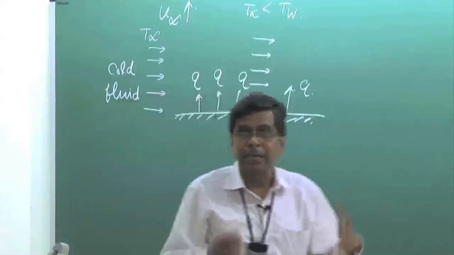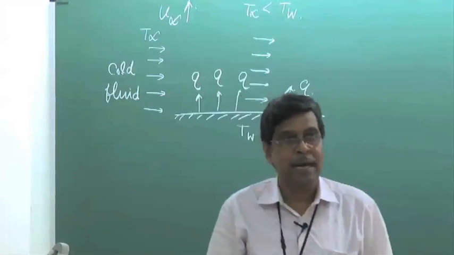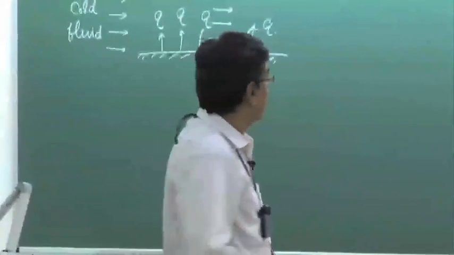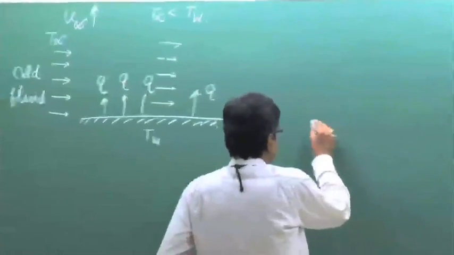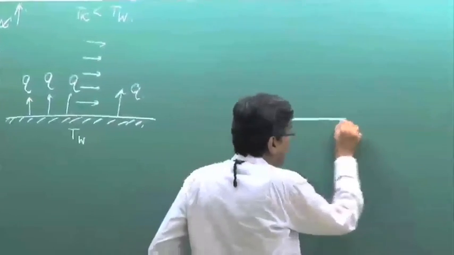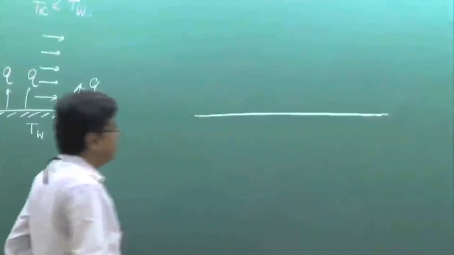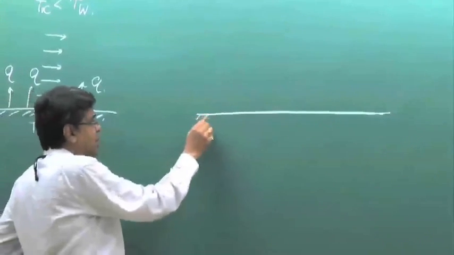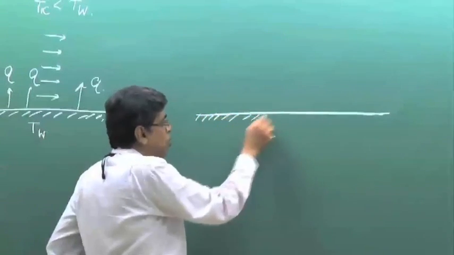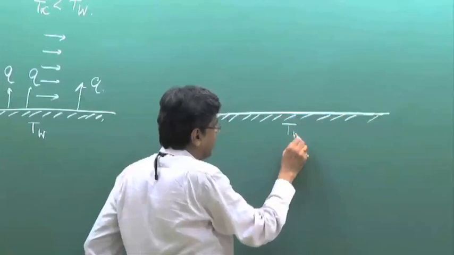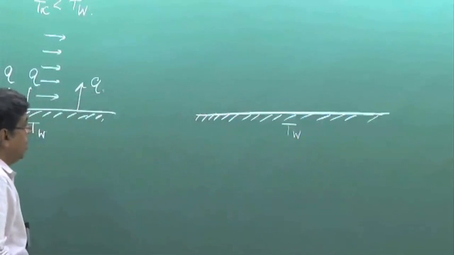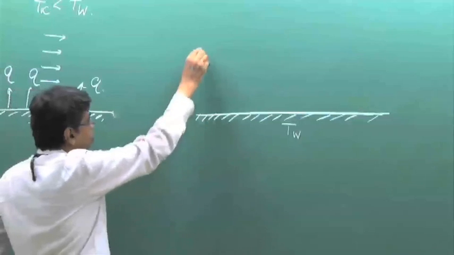Now to understand the mechanism of what happens here for the heat transfer, let us consider this in a much deeper sense. Let us consider that plate again with a fixed uniform temperature Tw.